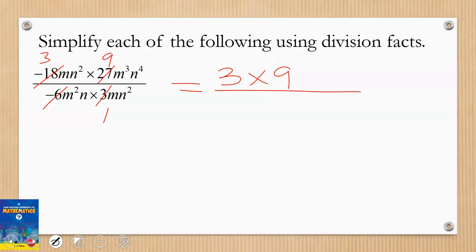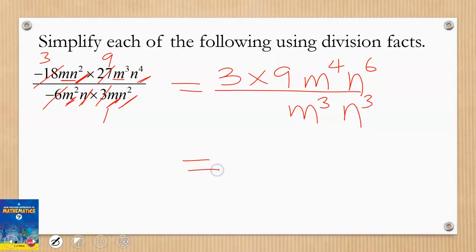All right. Then we pick the variables. We have m exponent 1 here and m exponent 3 here, which will give us m exponent 4. N exponent 2 here and n exponent 4 here will give us n exponent 6. Now in the denominator we have m squared and then m, which will give us m exponent 3, and then n and n, which will give us n exponent 3.